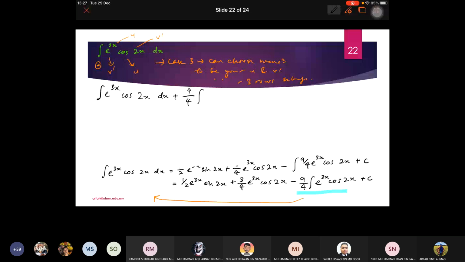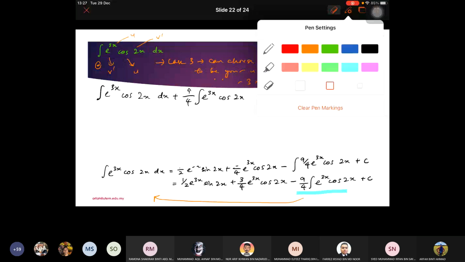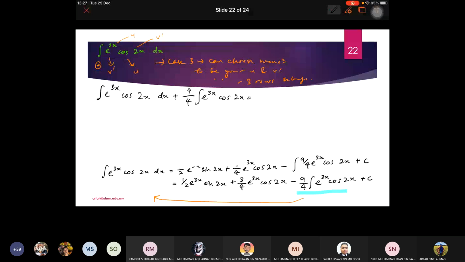9/4 eksponensial 3x cos 2x akan sama dengan, this one will be equal to 1/2 eksponensial 3x sin 2x tambah 3/4 exponential 3x cos 2x plus c.